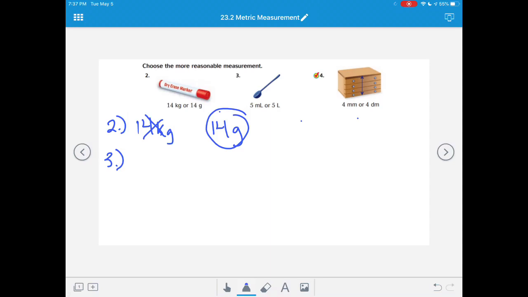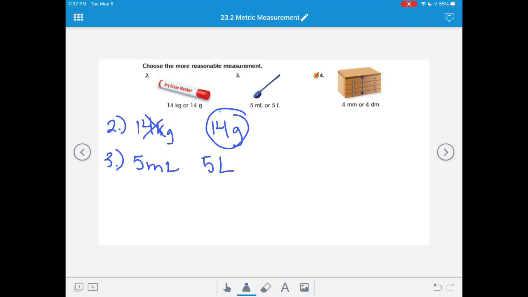Then I have this teaspoon here, and this little measuring spoon. Is that either 5 milliliters, milliliters being small, or is that 5 liters? Now, one visual that I'd like you to think of is at the grocery store when you're getting ready to have a party and your parents buy some soda.